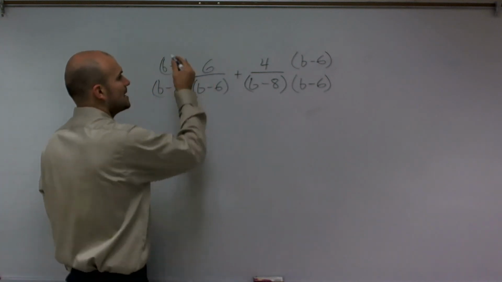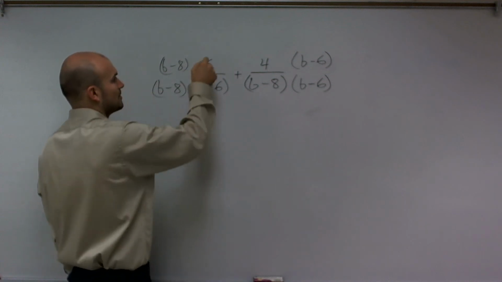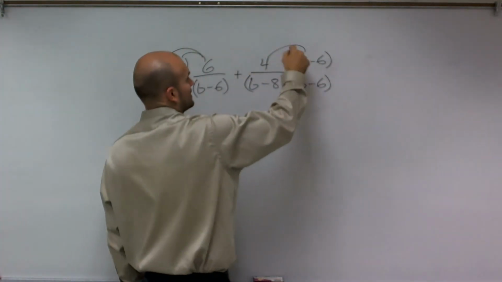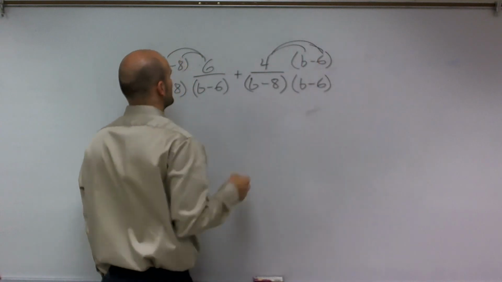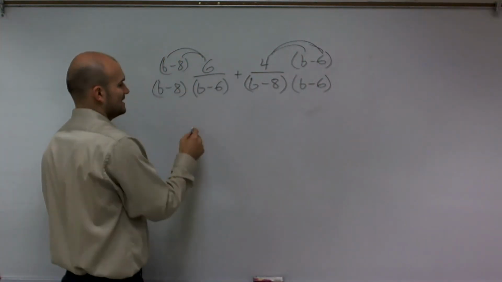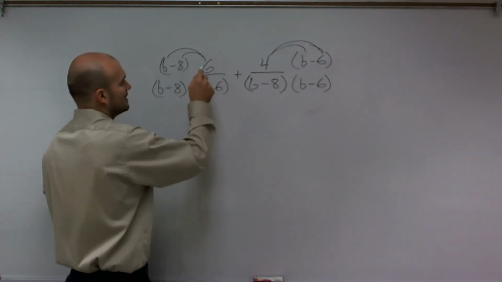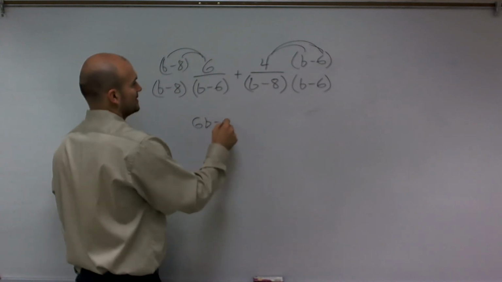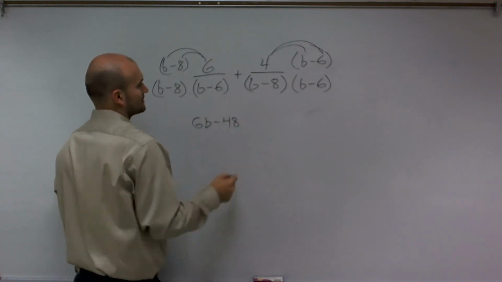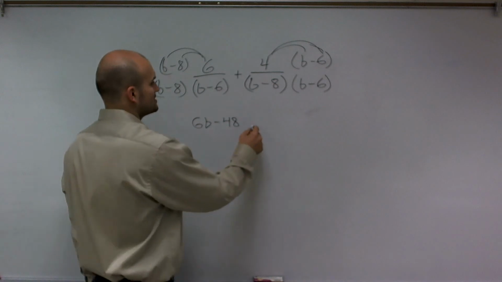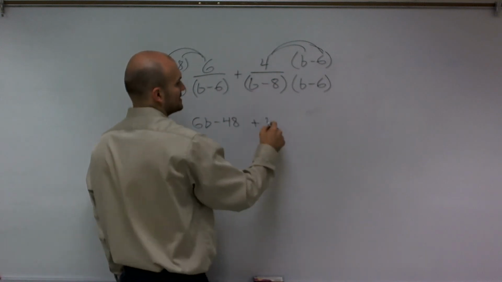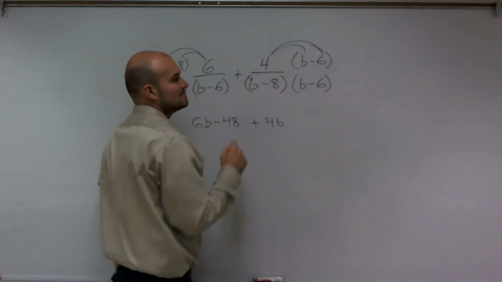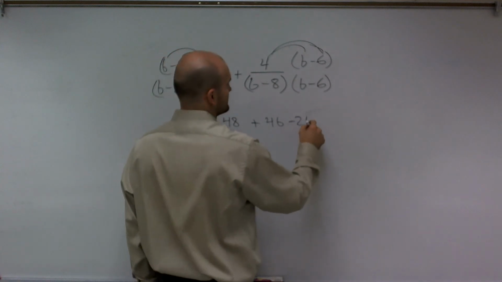So now, up top, I can multiply across using my distributive property. Same thing for this one. So therefore, I have 6 times b, which is going to be a 6b, and 6 times negative 8 is a negative 48, plus 4 times b is 4b, 4 times negative 6 is a negative 24.